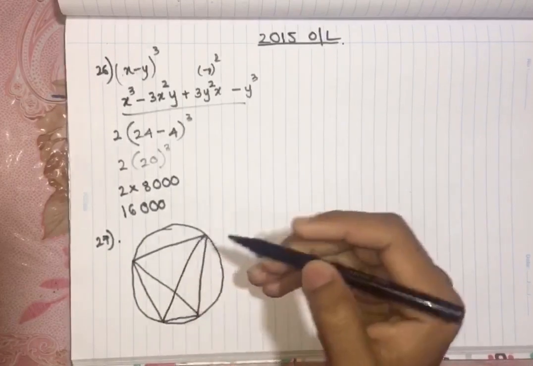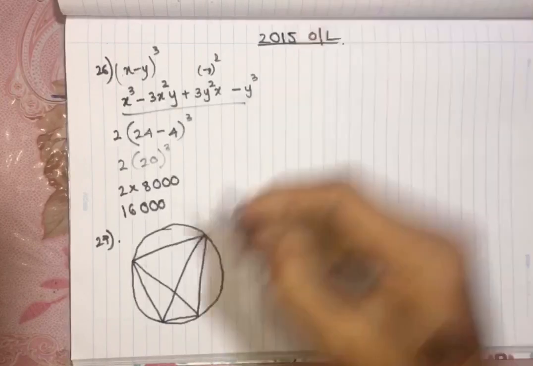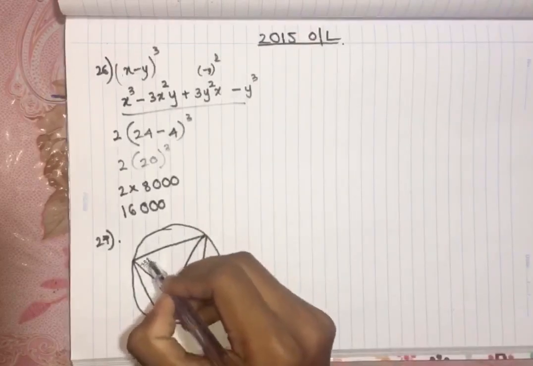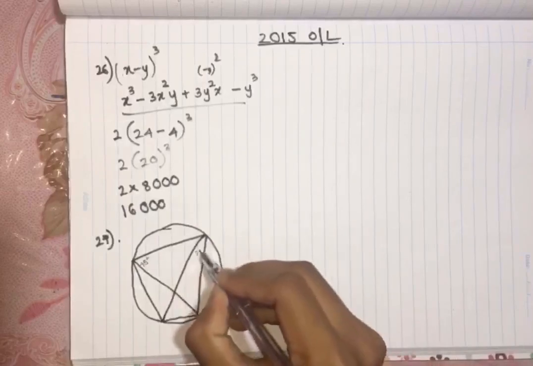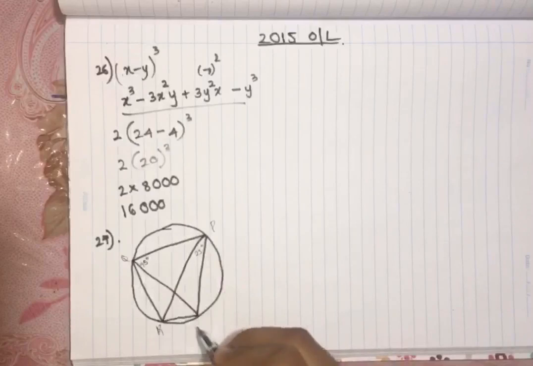Okay, this is the cyclic quadrilateral. They have marked 45 here, 45, and this is 25. They have said Q, P, R, and S. Those are the angles marked.